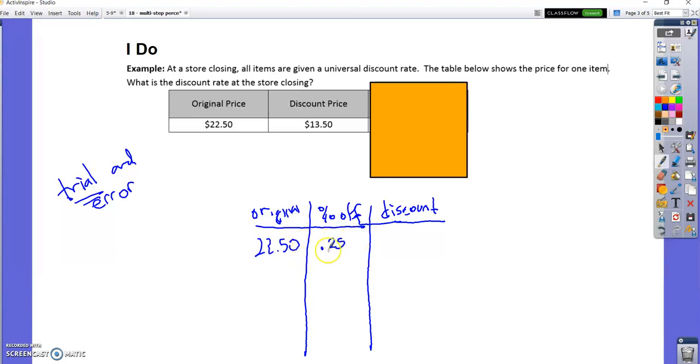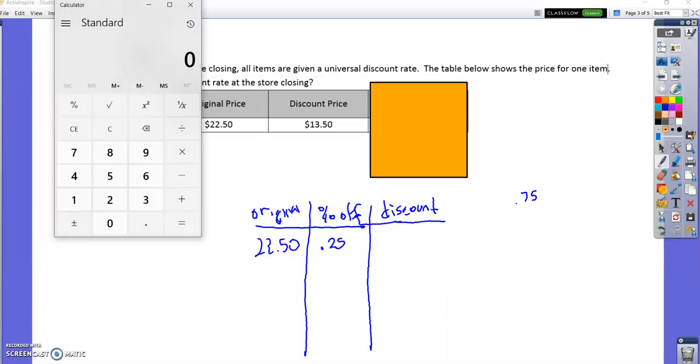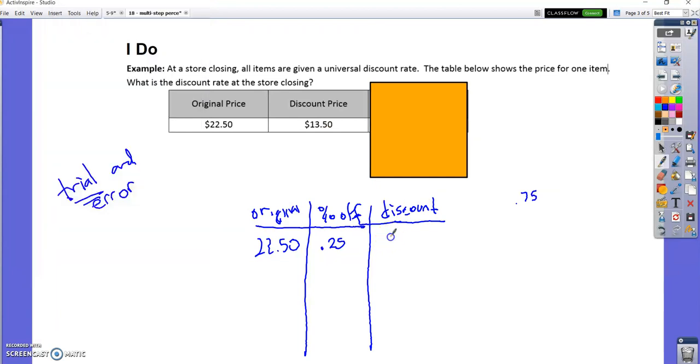So if I am 25% off, that means I'm going to pay 75% of the price. And let's just see if I'm right. Let me pull up my calculator here. What is 75% of $22.50? 75% times $22.50 would mean the new price is $16.87 or $16.88.